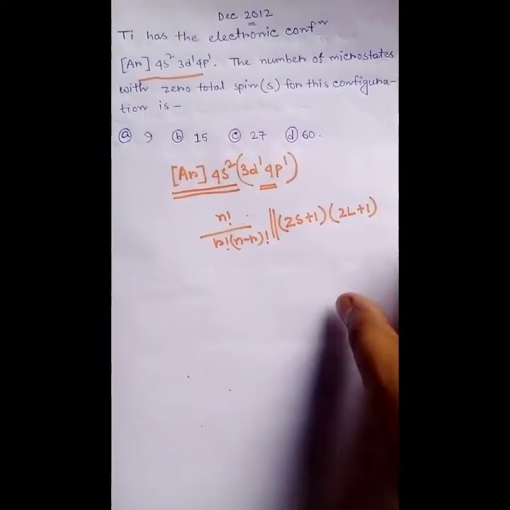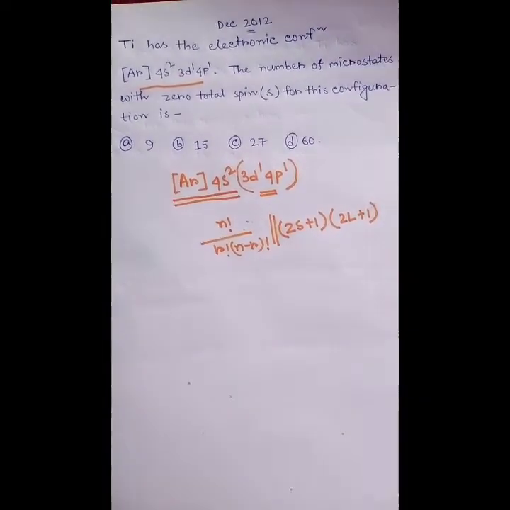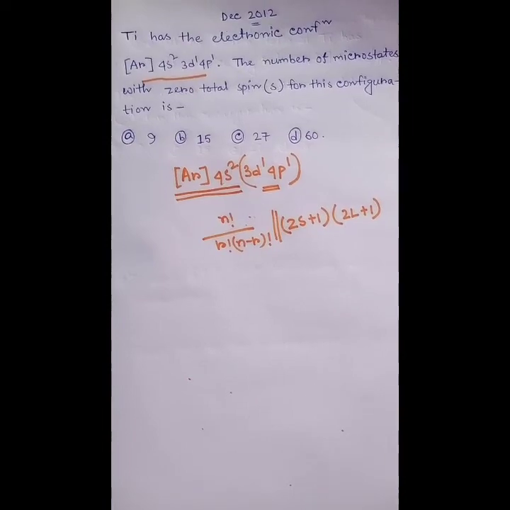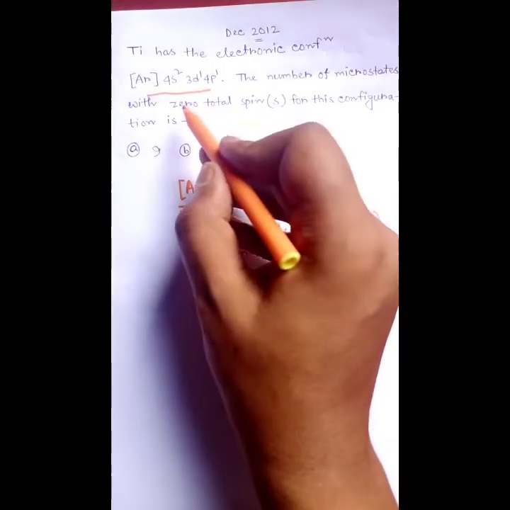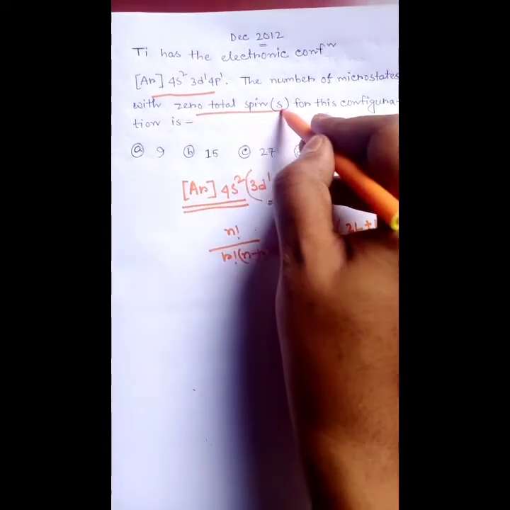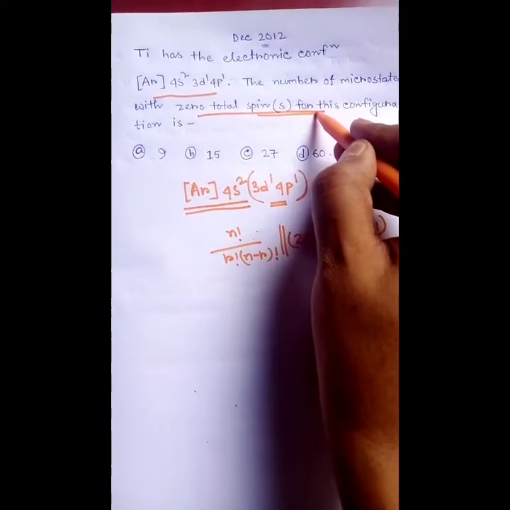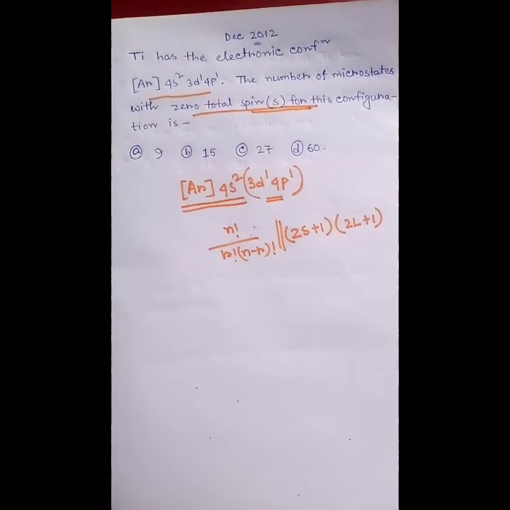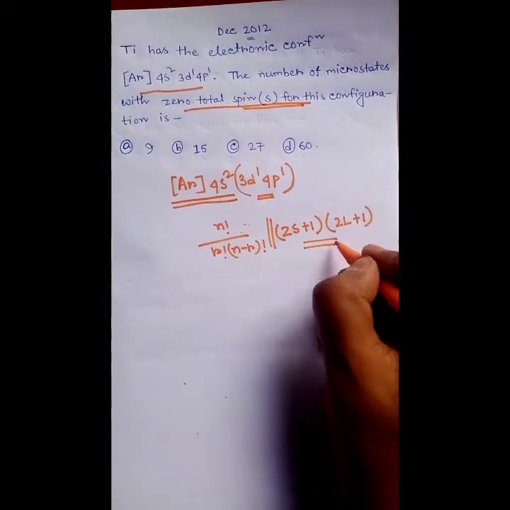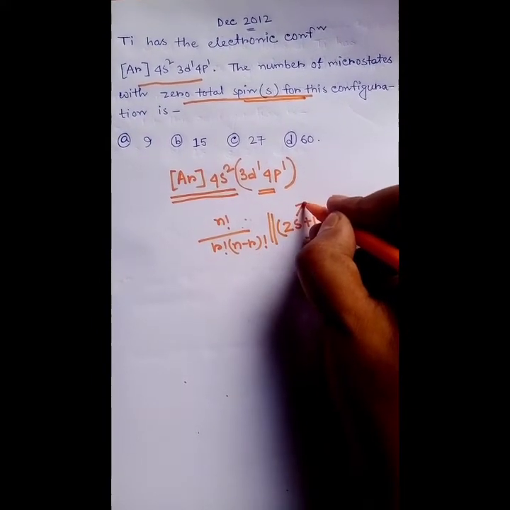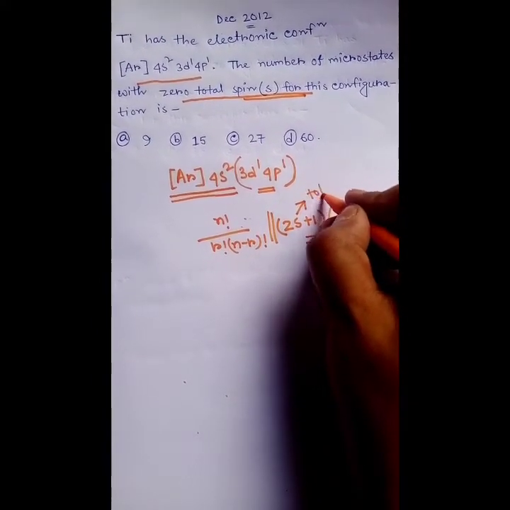But in this question, one portion can confuse you, that is the tricky portion. They have mentioned the number of microstates with 0 total spin. So they have mentioned the total spin. As they have mentioned the total spin, you have to follow these equations, because in these equations this S is the total spin.